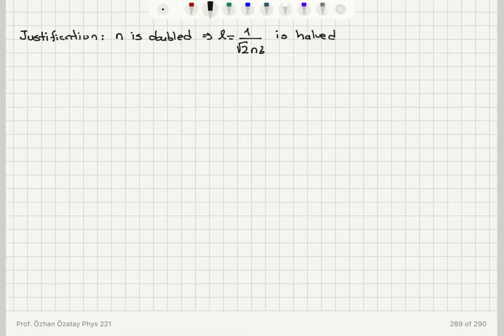So the mean free path will decrease. We're going to have the rate of momentum transfer that's going to be unchanged.